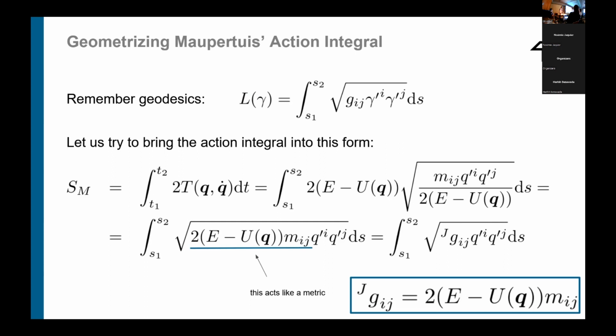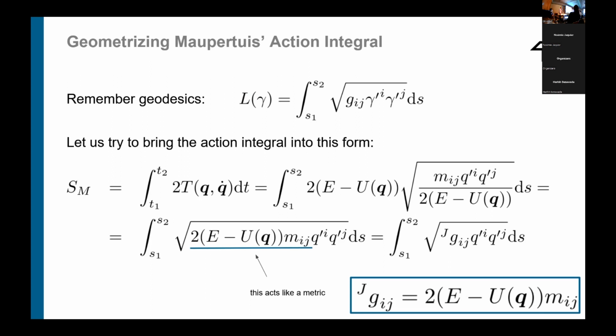We have the q primes there, and this form on the bottom, which I now call J_ij. I call it J because it's called the Jacobi metric. So this term in the box is called the Jacobi metric, and this is the natural metric for mechanical systems with potential forces.